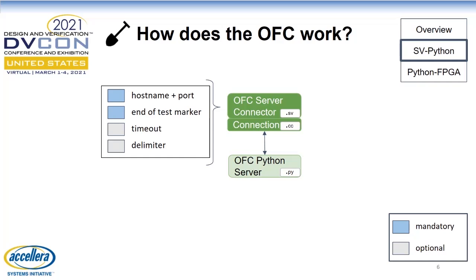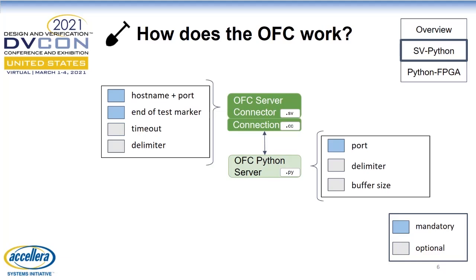This end-of-test mechanism is based on sending a special item at the end of the simulation and waiting for it at the Python server side. After the item has been processed, the Python server should send the end-of-test marker, which will be recognized by the test bench. There are also some optional configurations, such as the timeout before a TCP send or receive action is dropped, default being 1 millisecond, or the delimiter used between items within the same TCP message, default being the endline character.